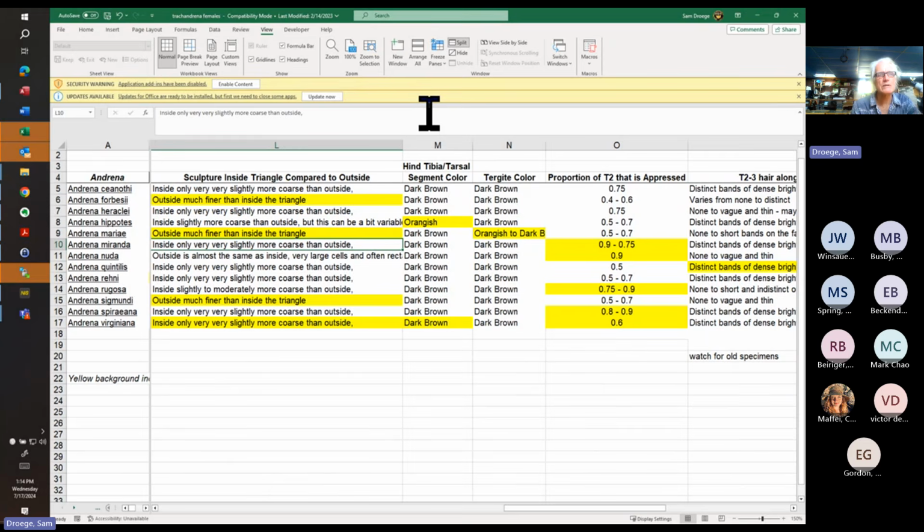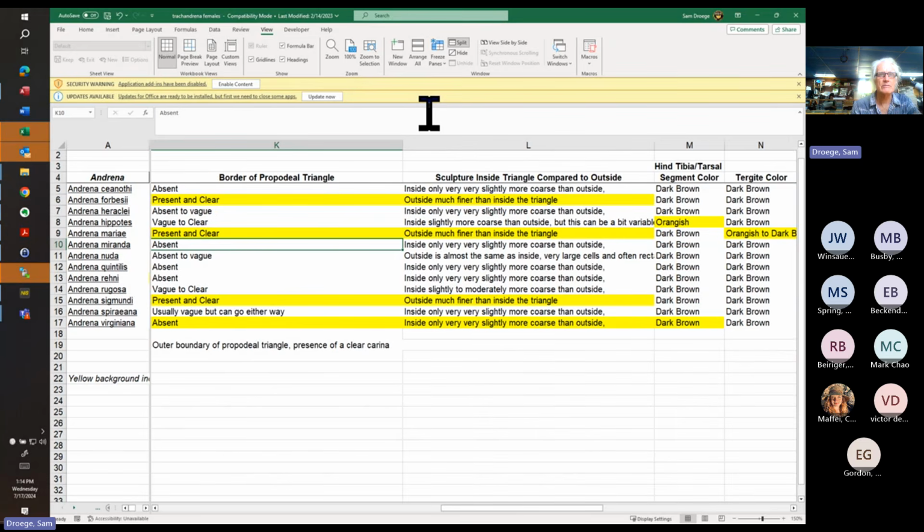So sometimes you really want to have comparative specimens. So if we look at Virginiana as our out group, the one we're trying to contrast, that's the same. That's the same.